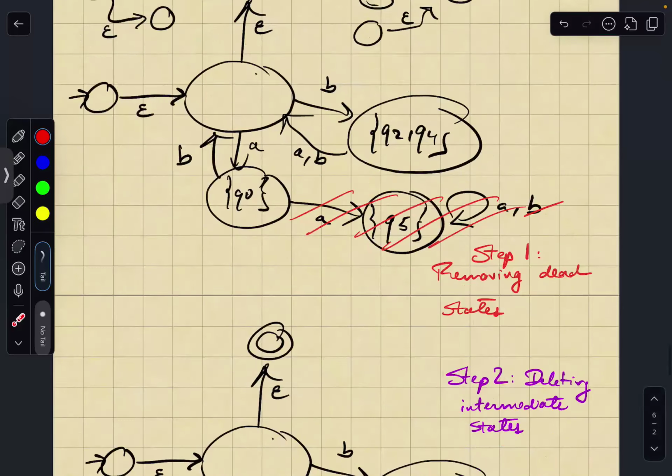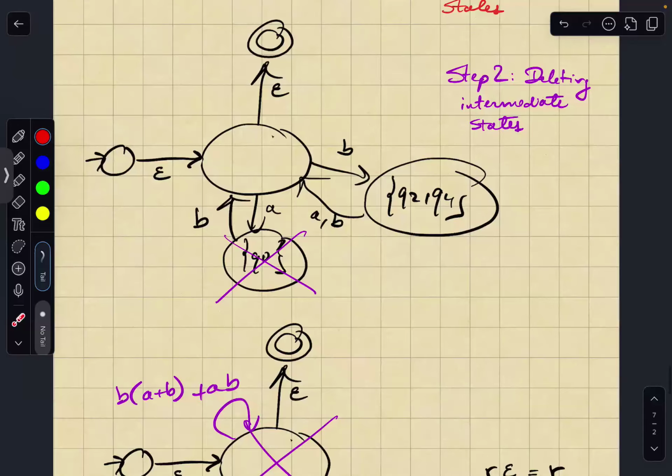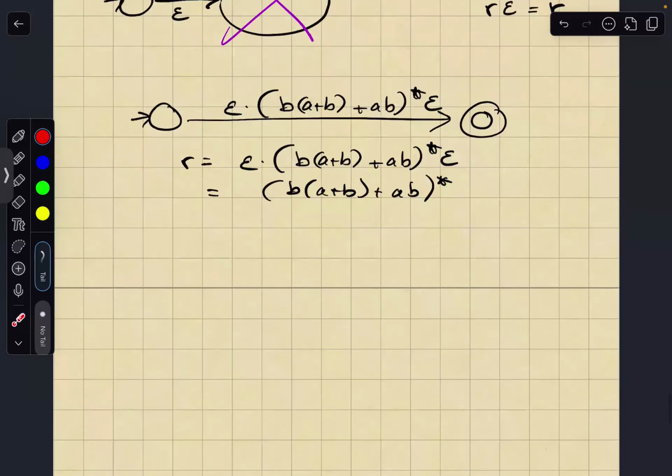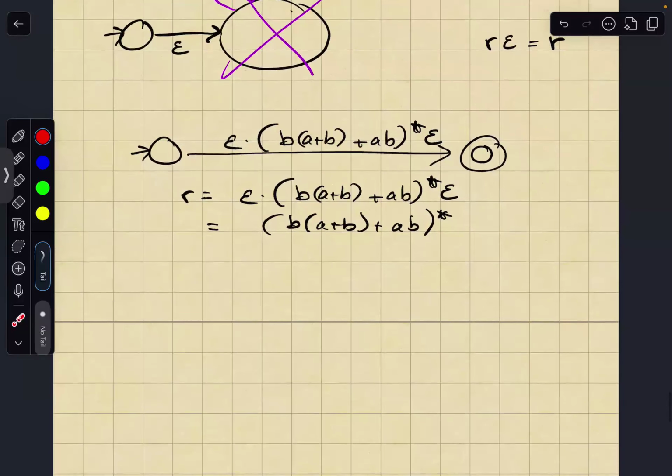Okay. Are there any questions? Yeah, you put all the loops into the star. So the question is about loops in intermediate steps.